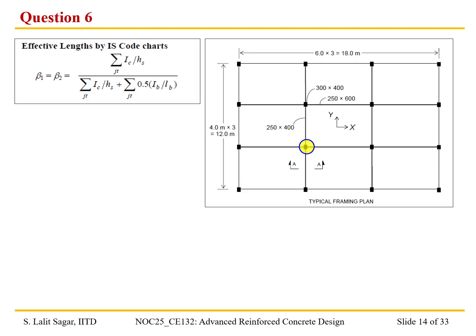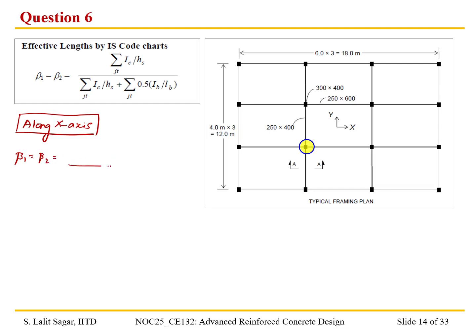So let us proceed to determine the value of beta 1, and beta 1 is equal to beta 2. Let us first consider along the x-axis. Along the x-axis, we have beta 1 equal to beta 2.